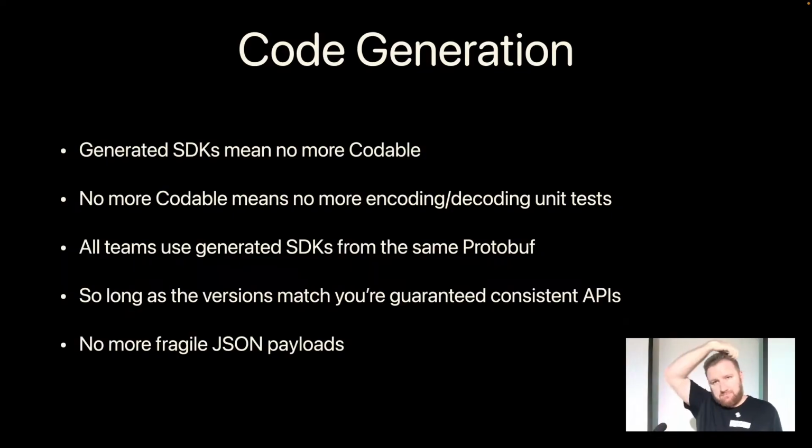And most importantly, it means there are no more fragile JSON payloads. How often have your apps broken because the backend team accidentally started returning a double or a string instead of an integer? It can be quite common, especially if they're working in Node or something else that's not a type-safe language.